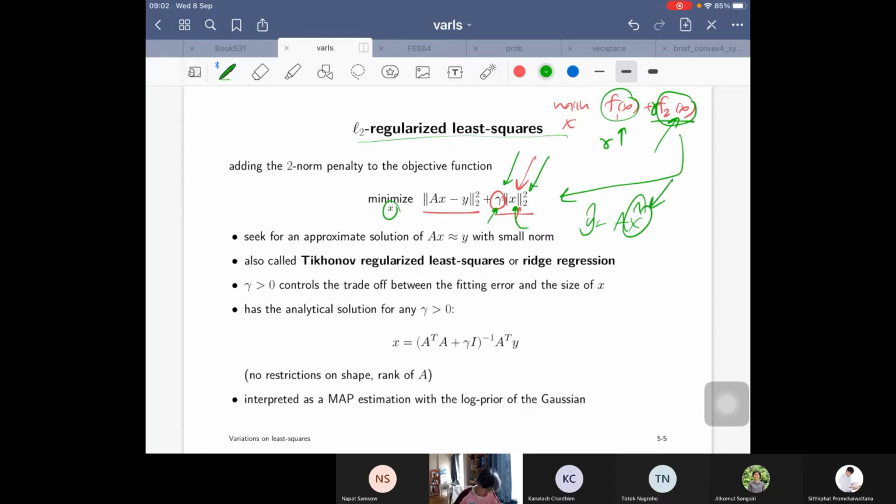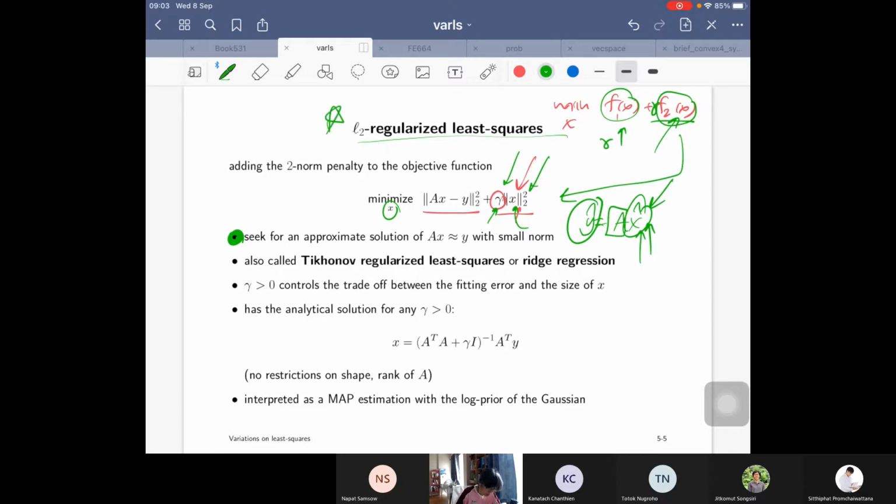If x hat has a small norm, then in the scenario where A has some uncertainty or perturbation, your prediction of y will be less sensitive to that uncertainty in A. That's the motivation for why we are interested in L2 regularized least squares.